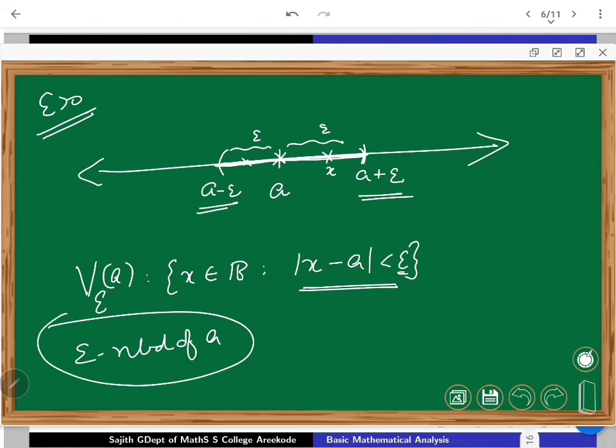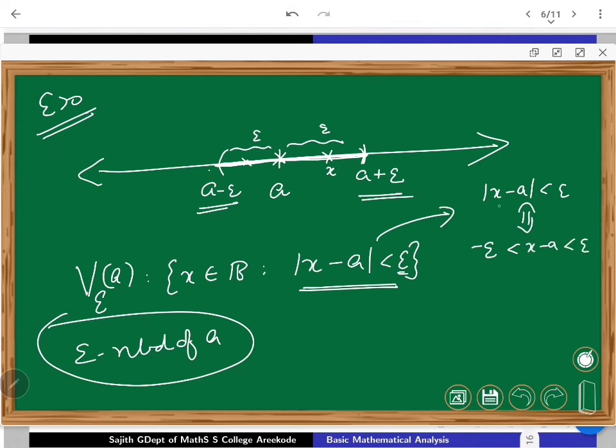In fact, it centers at A and you are going symmetrically to the right as well as left with epsilon units. That is the meaning of epsilon neighborhood of A. Exploring this, it's clear because epsilon is a positive quantity, mod x minus A less than epsilon is equivalent to minus epsilon less than x minus A less than epsilon.